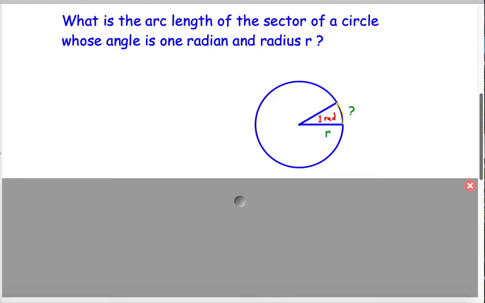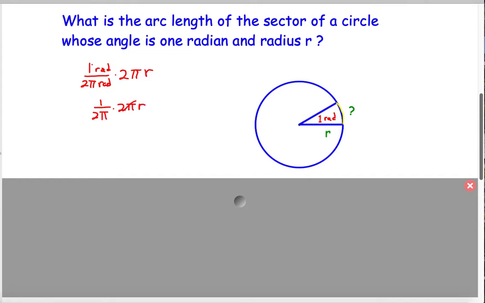Well, we'll do it just like we did before. It's going to be a fraction of the circumference, and the circumference is 2 pi times r, and we want a fraction of the entire circle. Well, this has an angle of 1 radian, and in a circle we know there's a total of 2 pi radians. So we want 1 over 2 pi times 2 pi r.